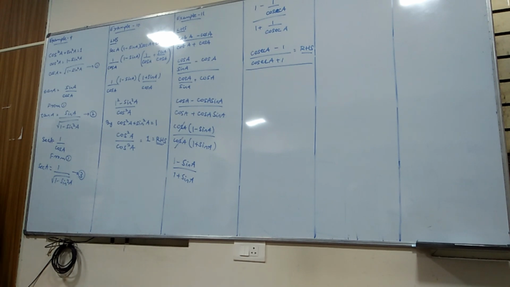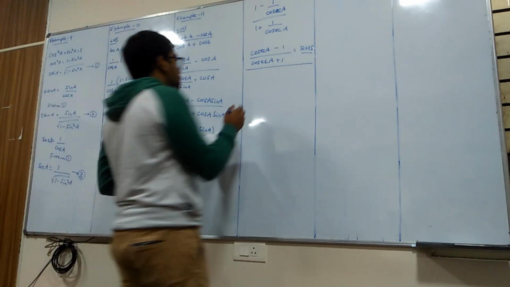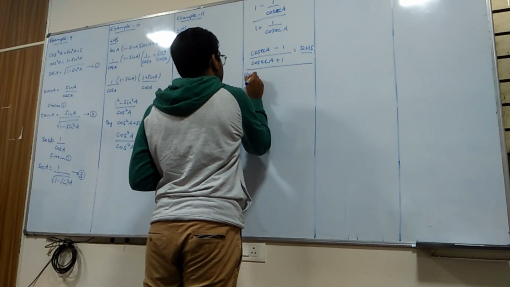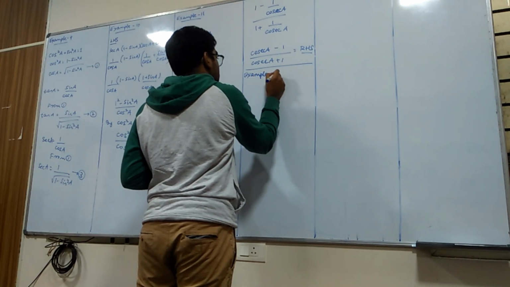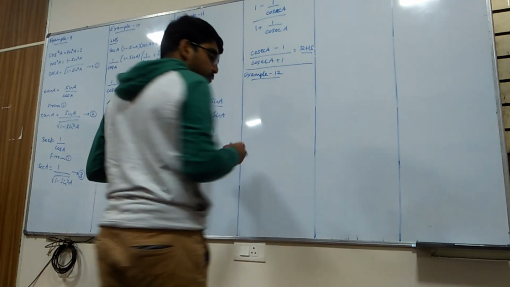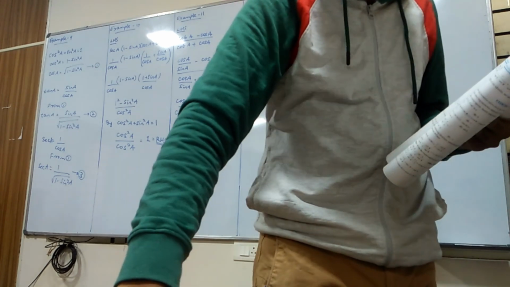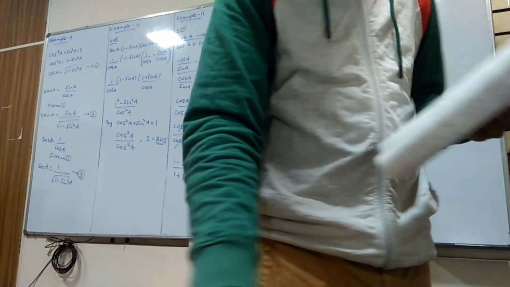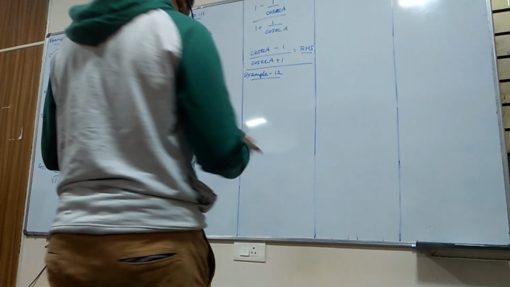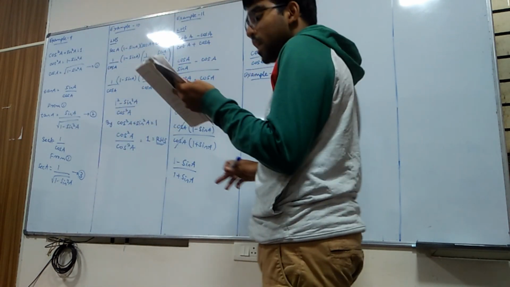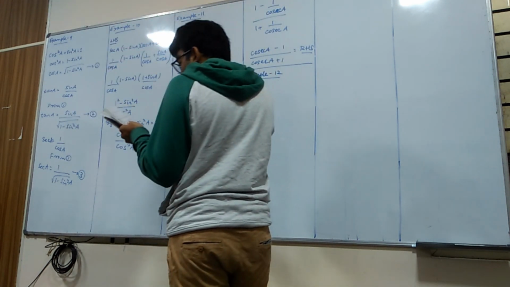Okay, this is the last example from the trigonometry chapter. Example number 12. Prove that, again LHS and RHS we will take.